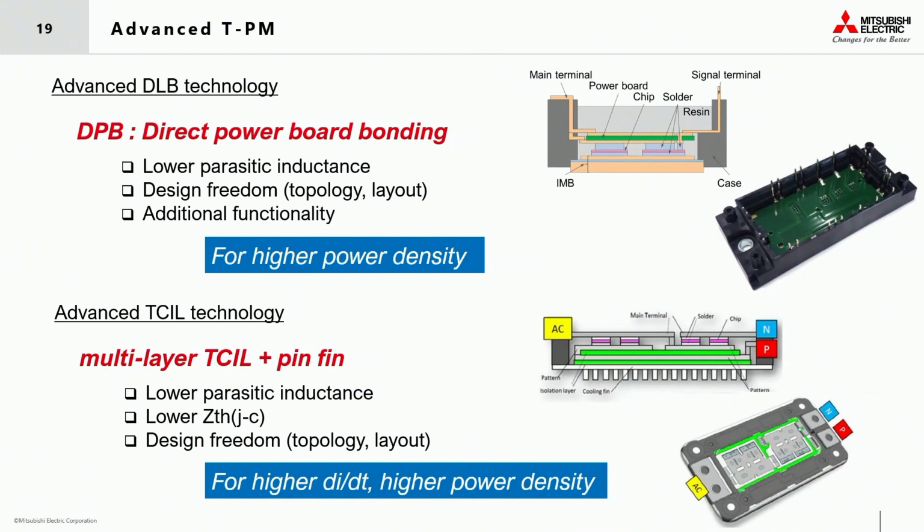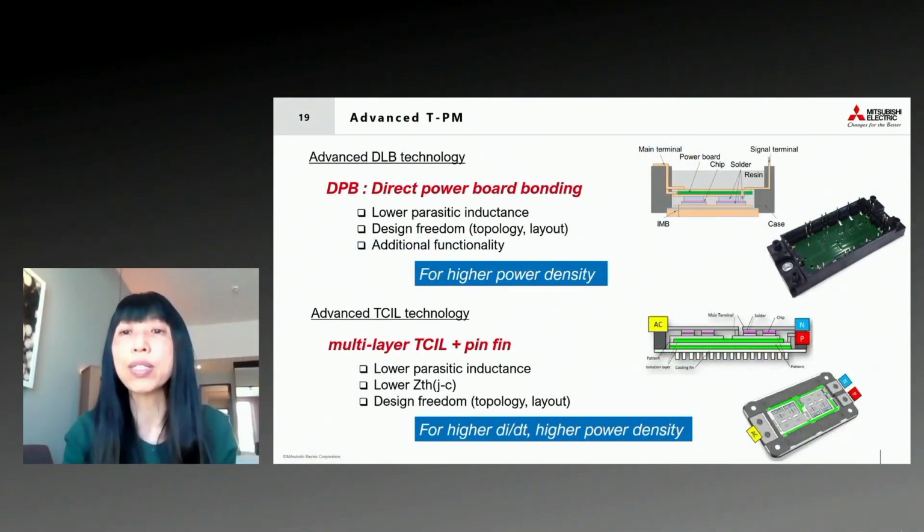The board allows for stacked patterns, which reduces parasitic inductance and increases design flexibility, allowing for a variety of topologies and layouts, as well as additional components like sensors, passive components, and so on.